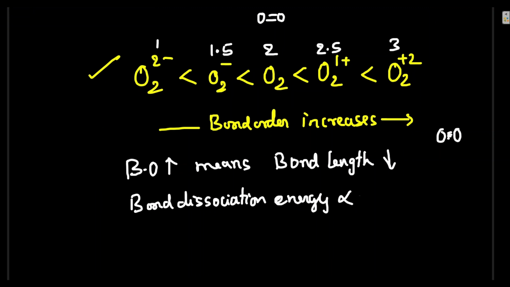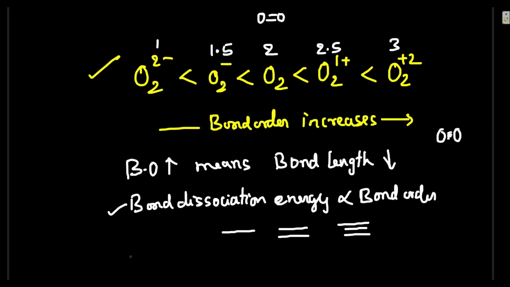It will be directly proportional to the bond order. If the bond order increases, bond dissociation energy also increases. It means you need less energy to break a single bond, more energy to break a double bond, even more energy to break a triple bond, right? So therefore as bond order increases, bond dissociation energy also increases.